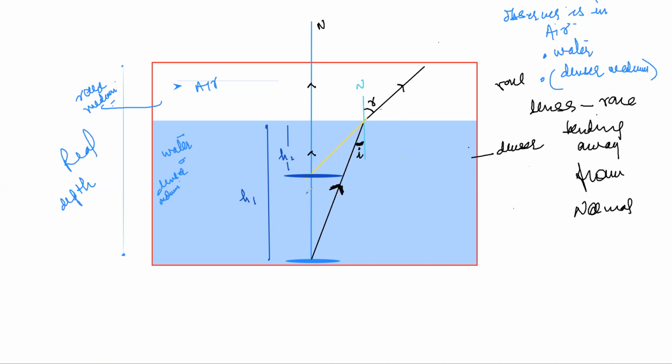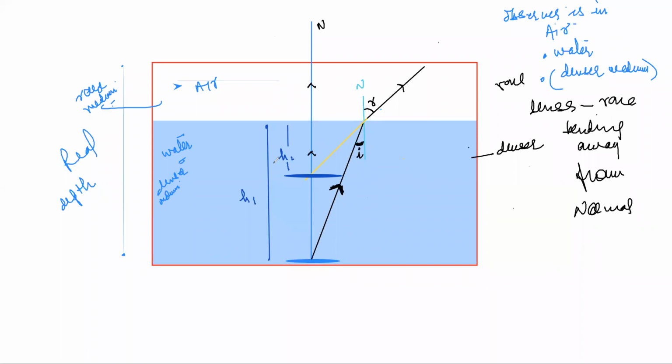So what is our concept behind this? Simple refraction of light from denser to rare medium. Light suffers refraction from denser to rare medium, and so light bends away from the normal. When produced backward, we find an image formed slightly upward displaced from the actual position of the coin inside the denser medium.